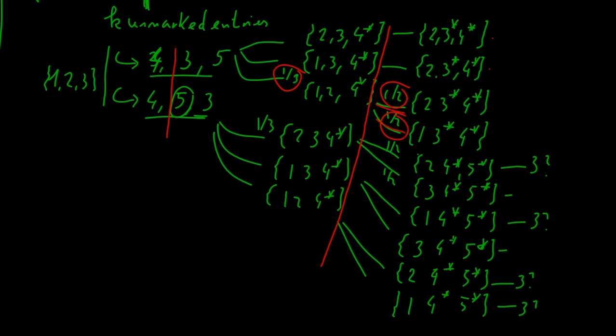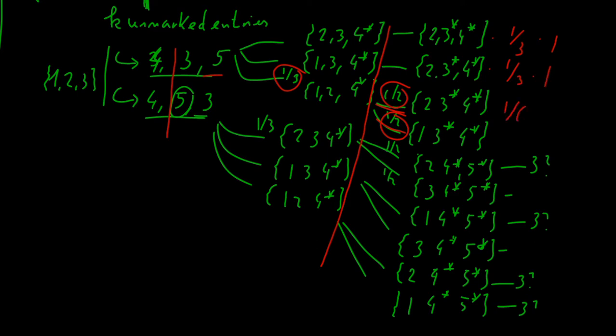Okay. And then we will definitely pay for the last entry, which is the 5. So it's a probability of 1/3 times 1 for the last request. This guy here is 1/3 for 2.